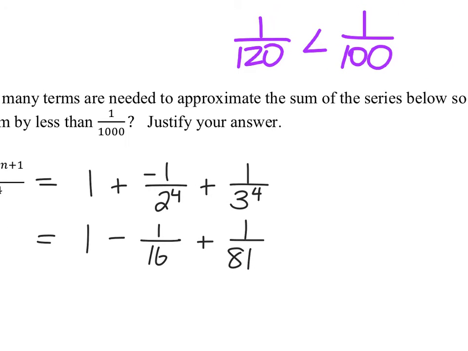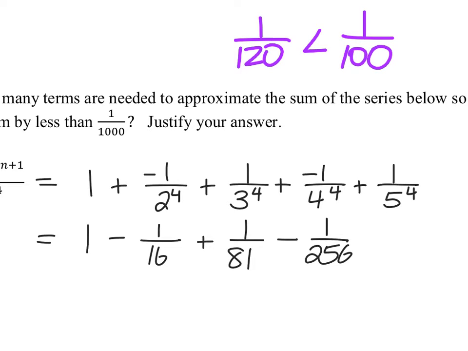So the next one up would be plus a negative 1 over 4 to the fourth. So that would be minus 1 over 256, 16 squared, I think. Then the next one would be plus 1 over 5 to the fourth. So that's going to be 1 over 625.